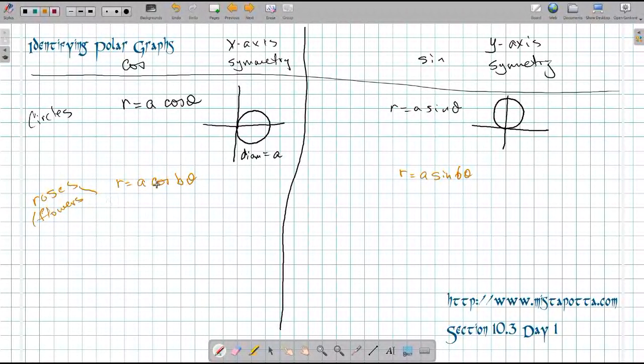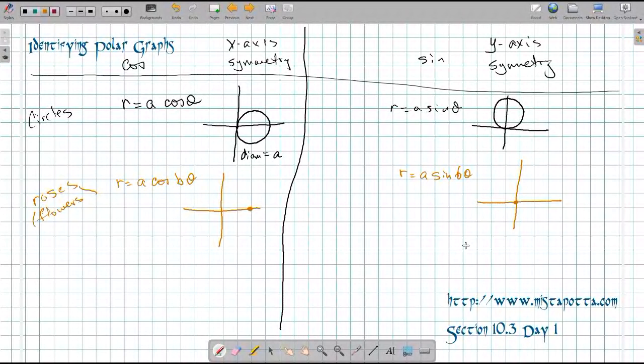I know that cosine of 0 is 1, so all of my flowers are going to start here on the positive x-axis.